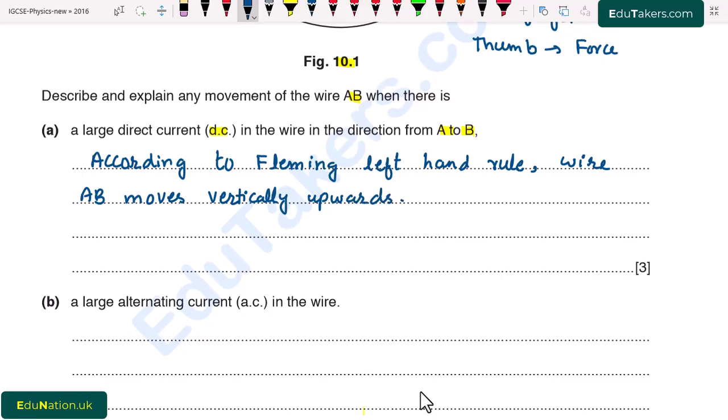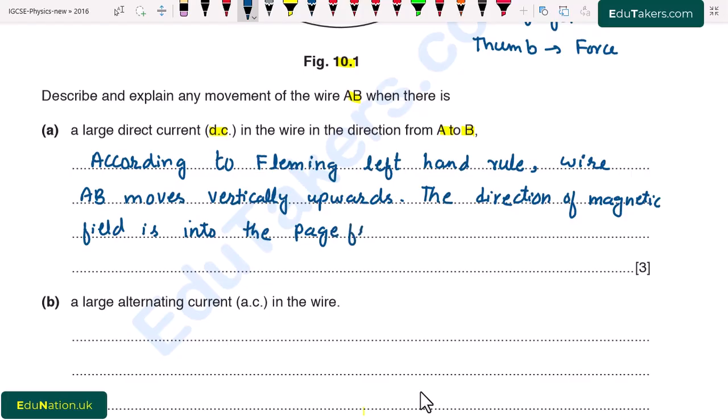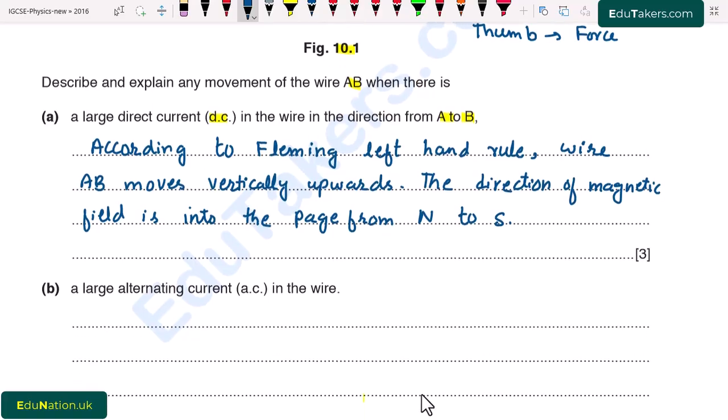Magnetic field is into the page. The direction of magnetic field is into the page, from north to south. This is the case when direct current passing through the wire.